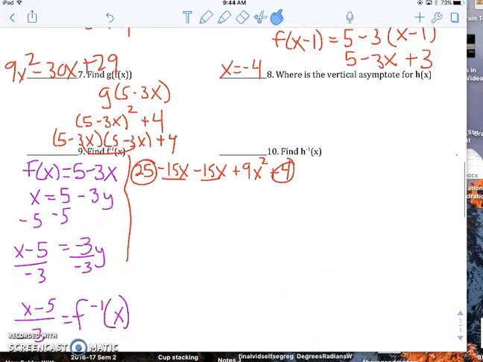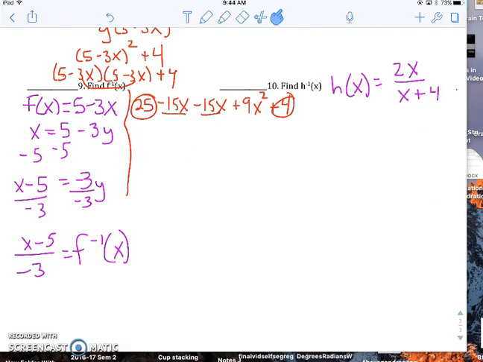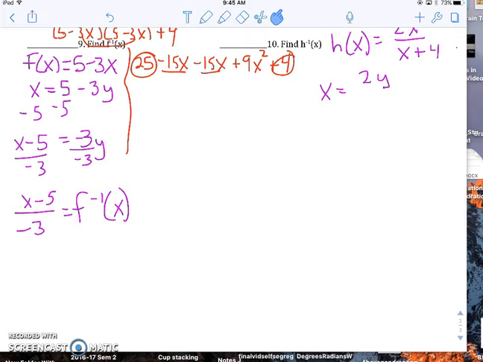Then the inverse of h of x. So we had h of x equals 2x over x plus 4. Make sure I got that right. 2x over x plus 4, yep. So we switch our x and y's. So x equals 2y over y plus 4.